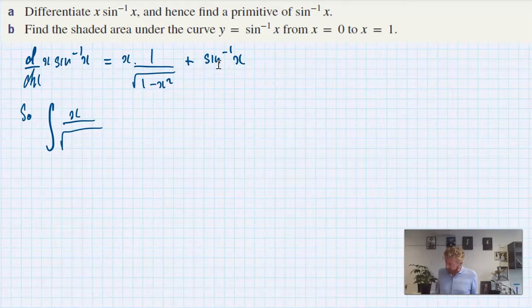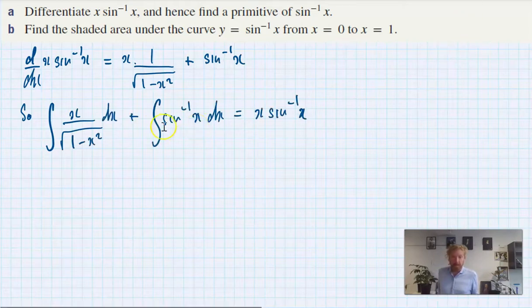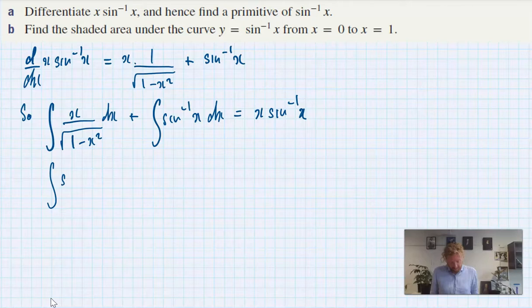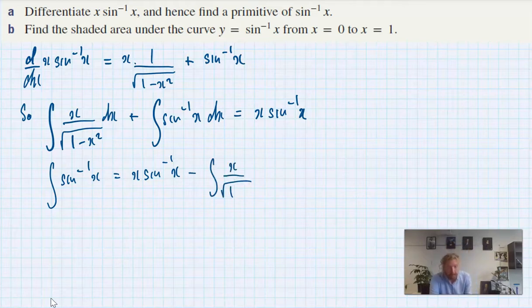Now what I want is this one, so I'm going to subtract the other one over to the other side and isolate that integral. The integral of sine inverse x equals x sine inverse x minus the integral of x on square root of 1 minus x squared dx.